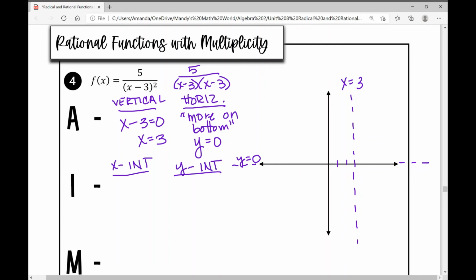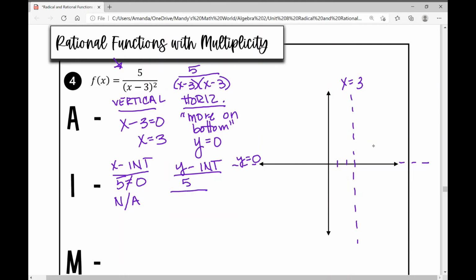The x-intercept is just the solution to the top. So we're going to set 5 equal to 0. But can 5 equal 0? It cannot. So we do not have an x-intercept. It does not cross our x-axis. Our y-intercept is when x is 0. So you have to be really careful here. I'm going to go off this function.